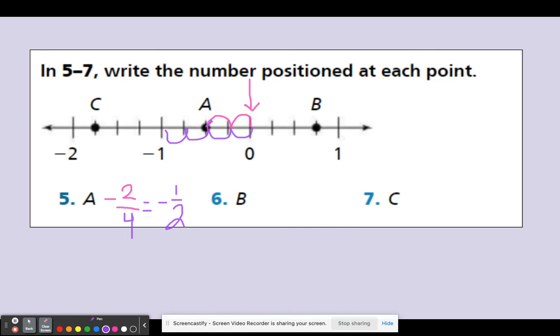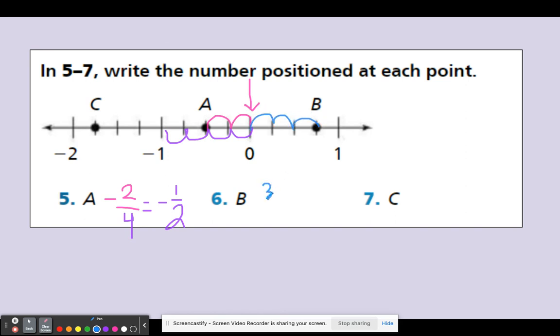It was negative 1/2. Now let's look at B, okay? B is over here. It is to the right. It's forward. So is that positive or negative? Positive. All right, so always start at 0. That's my starting point. I hop 1, 2, 3.